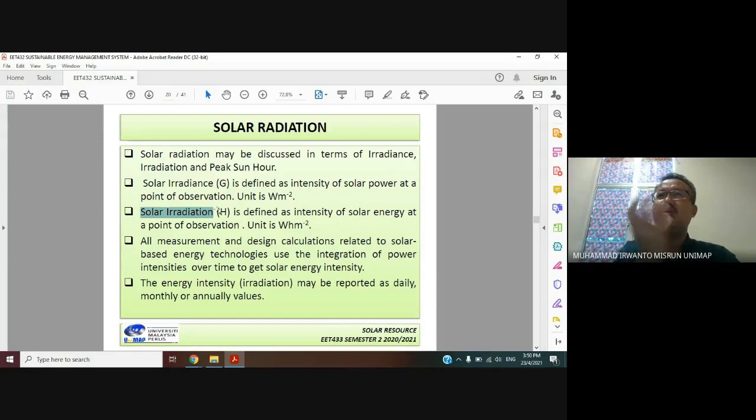If we have no weather station and no solar power meter, please estimate. Because at least if we can obtain the temperature data, the estimation of solar radiation can be conducted.